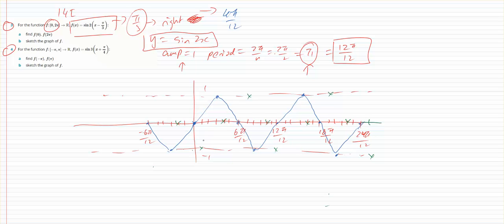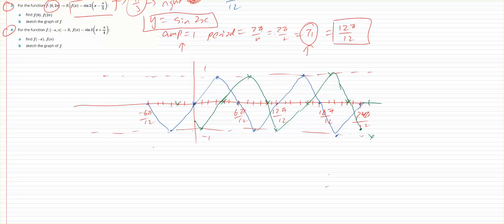Okay, so if I were to draw the graph, it looks something like this. And can you see that I stop somewhere here? I don't go all the way, so I stop somewhere here, and with this part, I don't go all the way, I stop at around here.